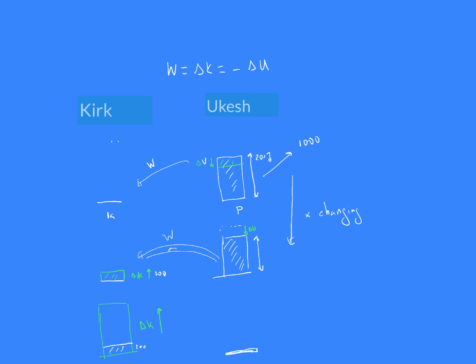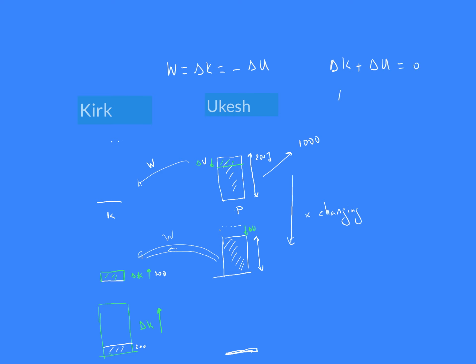Now let's understand this equation: the change in kinetic energy equals minus the change in the potential energy. You can also see this equation as saying that the change in the kinetic energy plus the change in the potential energy is zero.